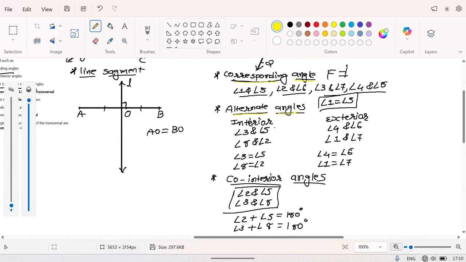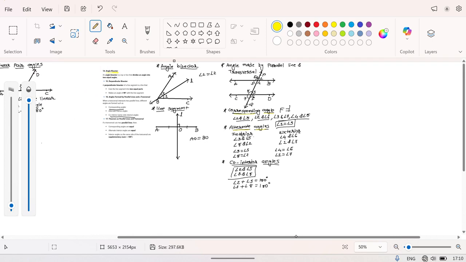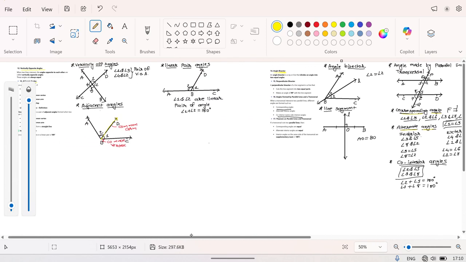So in this session, we learned about intersecting lines and vertically opposite angles, adjacent angles, linear pair of angles, angle bisector, perpendicular bisector, and also the types of angles made by parallel lines and a transversal and their properties.